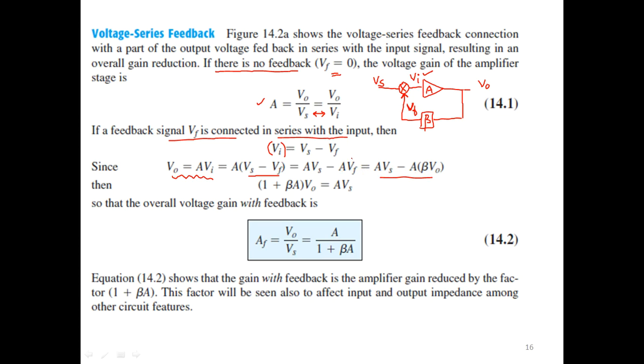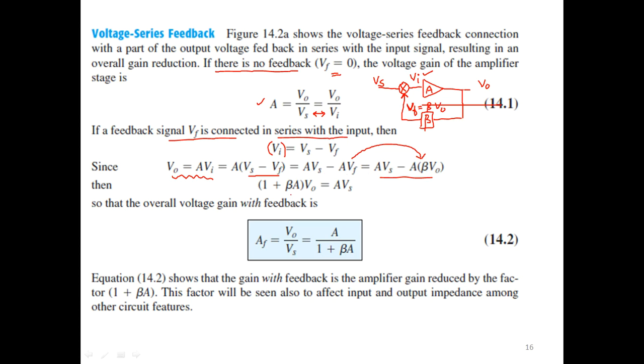So what is Vf? Vf is the feedback voltage, which can be given as beta into V0. It is quite natural, right? Vf is equal to beta into V0.